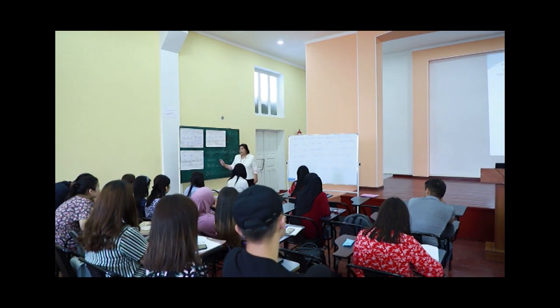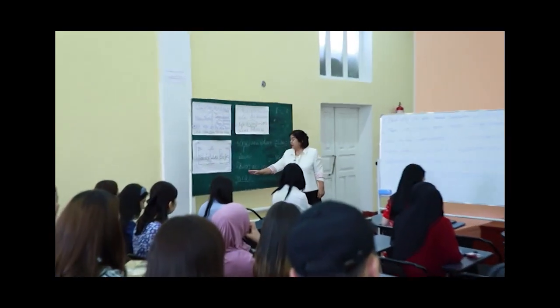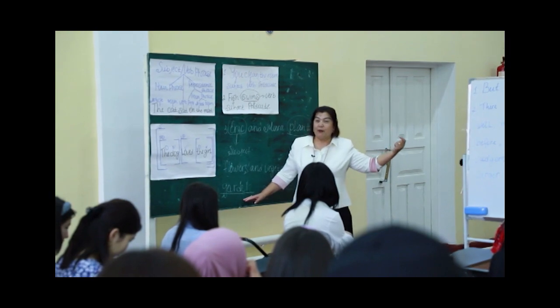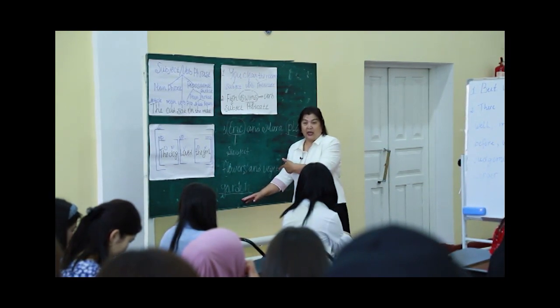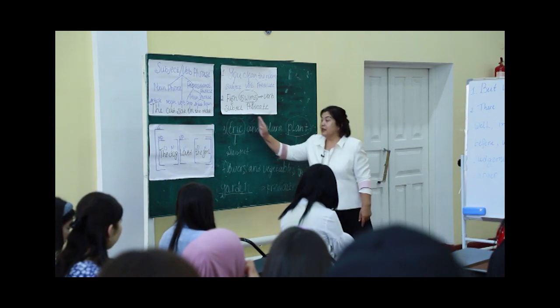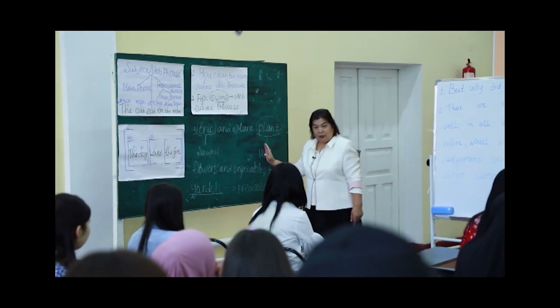So, let's see this sentence again. Eric and Mara plant flowers and vegetables in the garden. So, from the video, this example is, yeah? So, Eric and Mara, this is the subject of the sentence. Plant, it is verb.